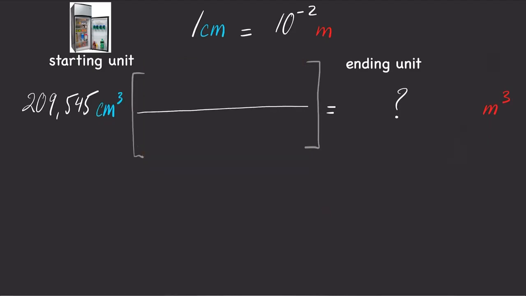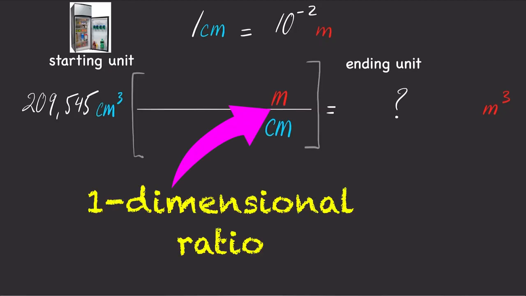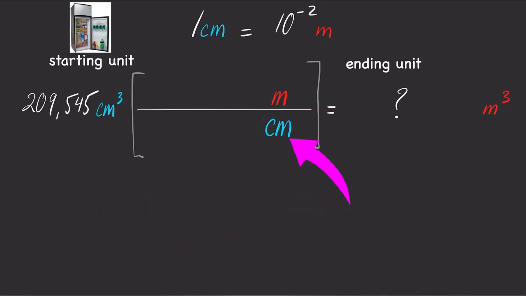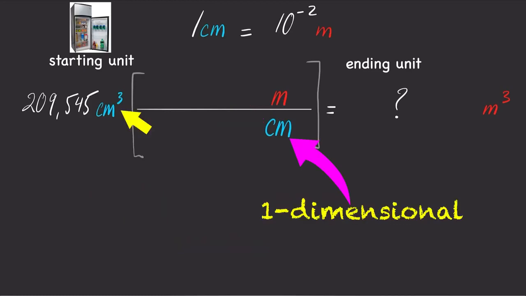So, for the conversion factor, if we put meter in the numerator and centimeter in the denominator, then we have a one-dimensional ratio. Remember, the centimeter is one-dimensional, but a cubic centimeter is three-dimensional, which is centimeter times centimeter times centimeter. And cubic meter literally means meter times meter times meter.